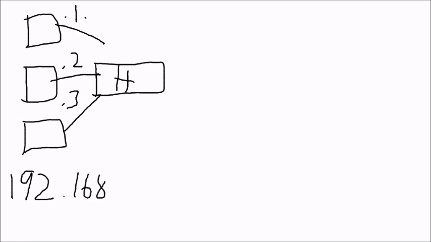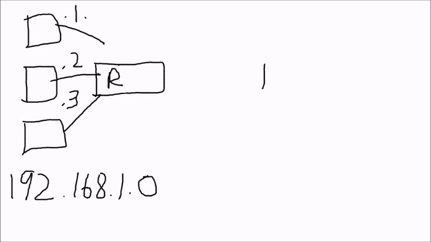192.168, and I said .1, and in this case I'm going to say the hub itself has an address. It's called .0. And actually our hub's name is going to change. Instead of being a hub, I'm going to erase our little H there, we're going to call this a router. The router has one special ability that a hub doesn't have. A router, you can connect it to another network.